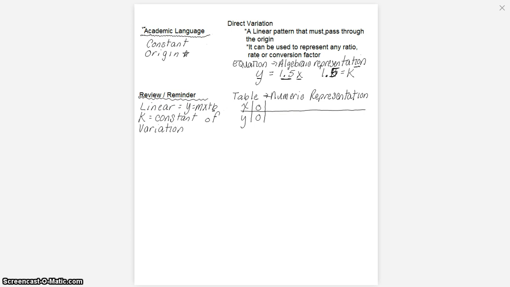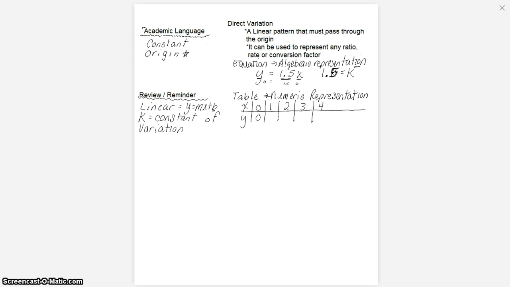And then let's just make this 1, 2, 3, 4. Okay, our x. So remember how you can put numbers into your equation? So if we put 0 in for x up here, it would be 1.5 times 0, which is 0.